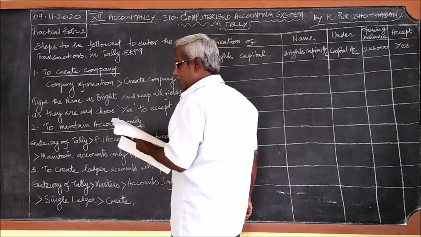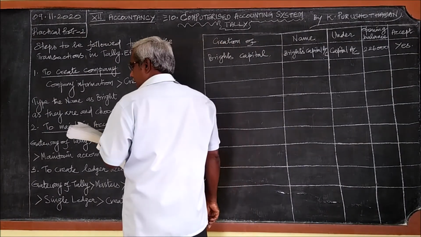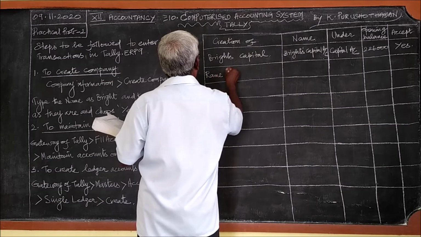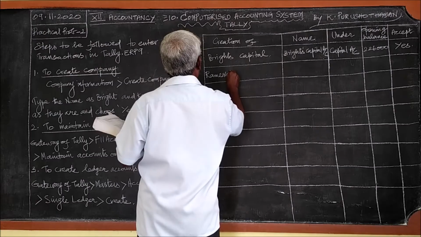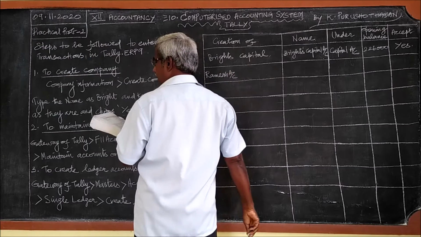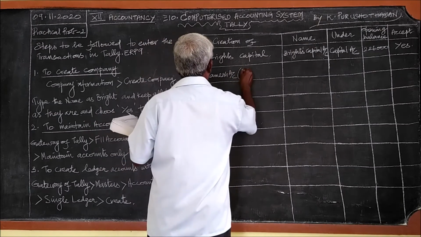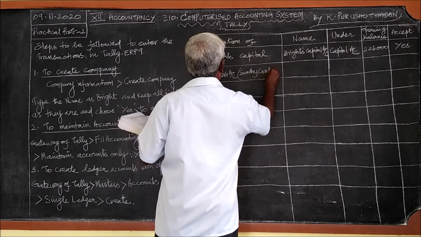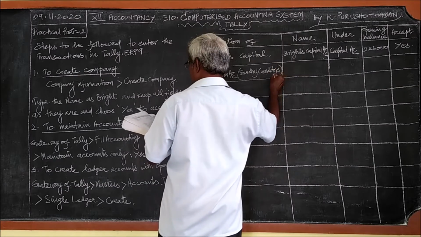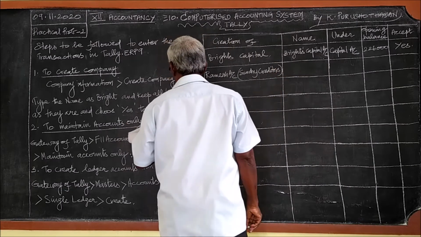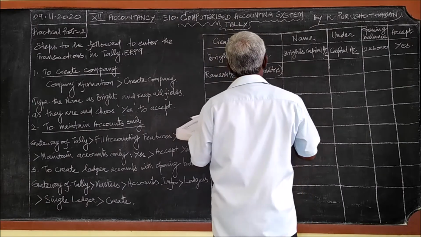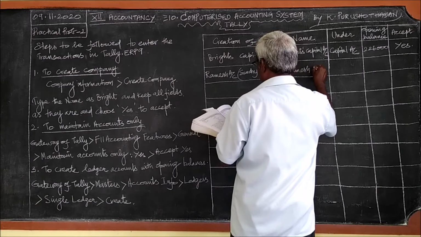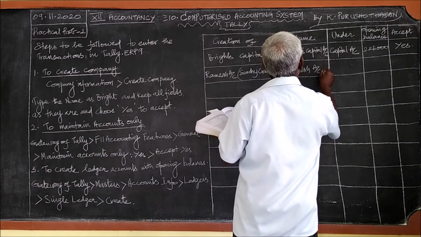Then the second one, sundry creditors. What is given there? Ramesh account. Creation of Ramesh account as a sundry creditor.